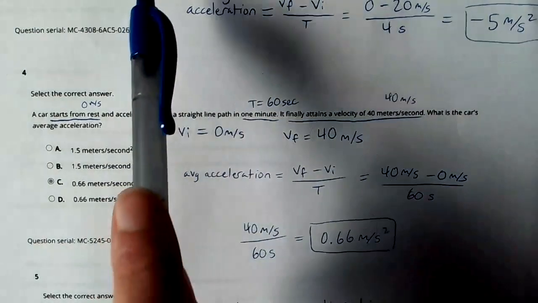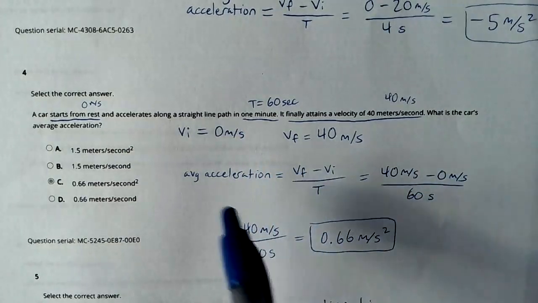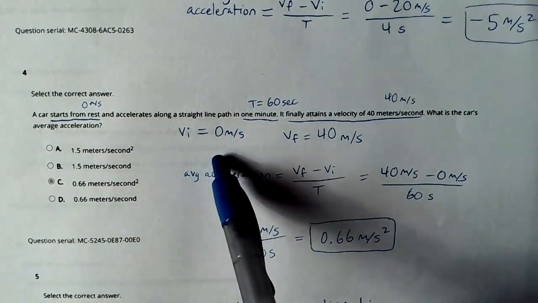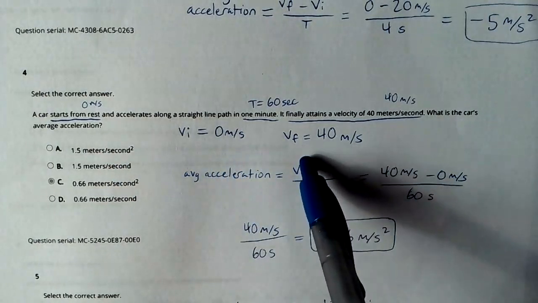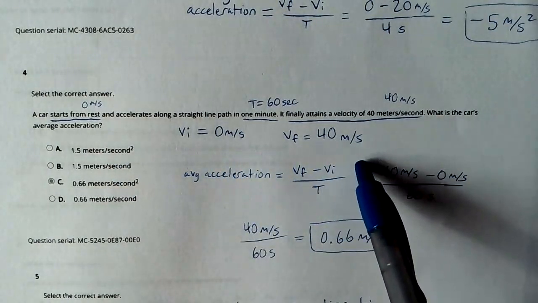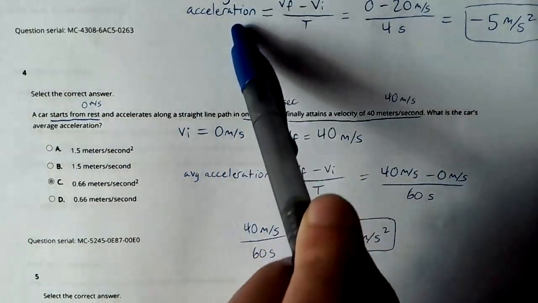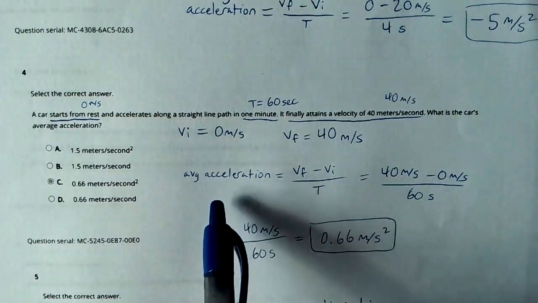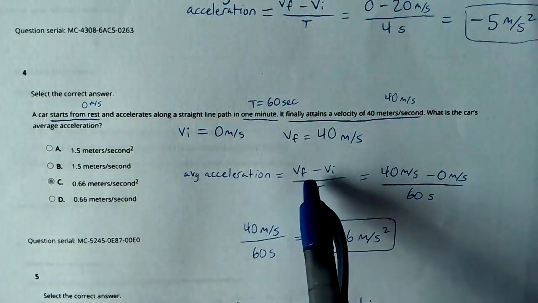So this is like 3, but instead of stopping, you're starting from rest. So the starting velocity is 0 meters per second, and the final velocity is 40 meters per second. We'll use the same equation we used up here. Acceleration is the change in velocity over t.